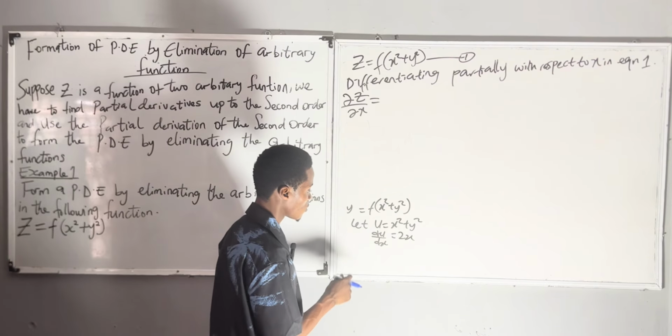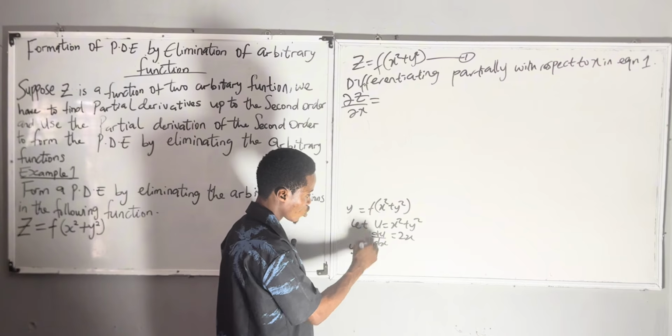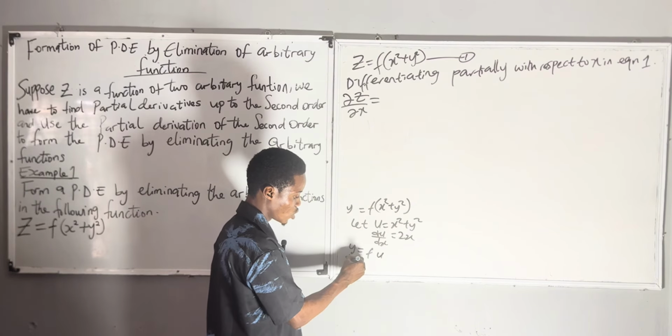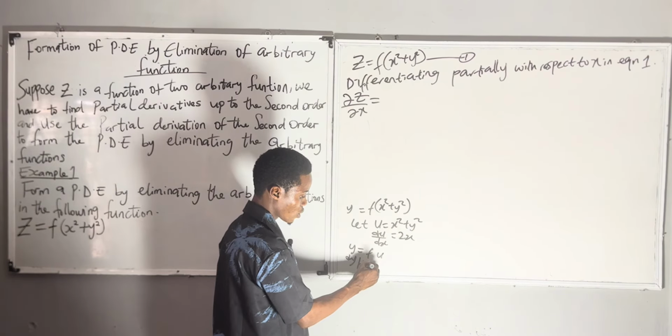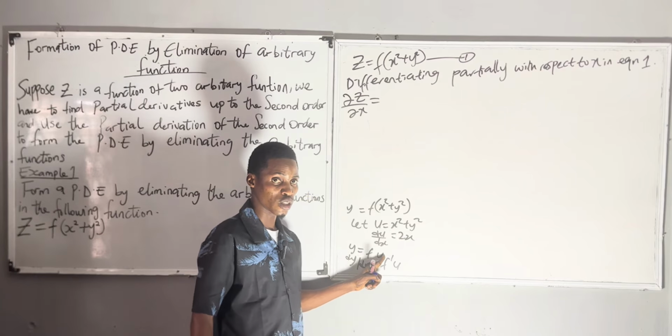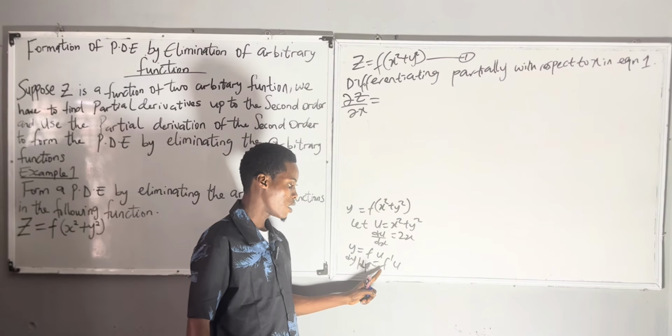My next step is to let f be a function of u, where u is x squared plus y squared. Differentiating f with respect to u, I'm going to have f prime of u. This f is a function of this u; I don't know what this f is, so that's why I have f prime of u.